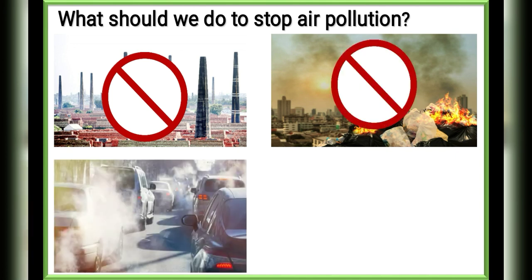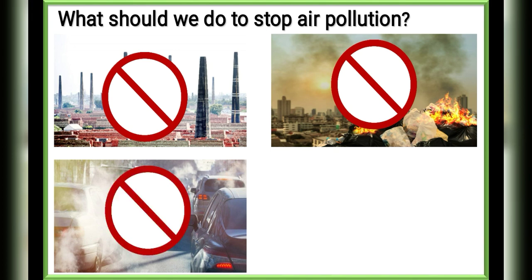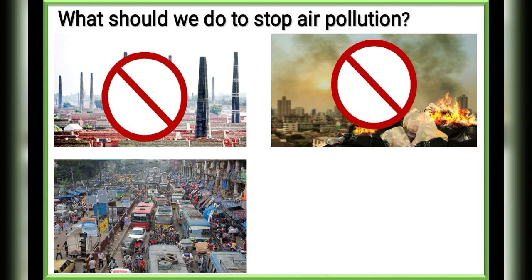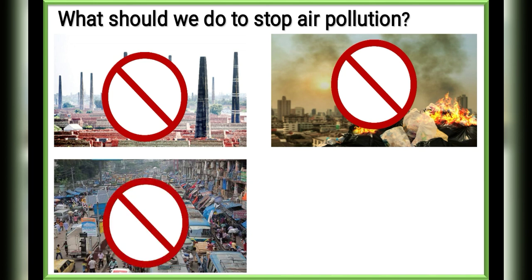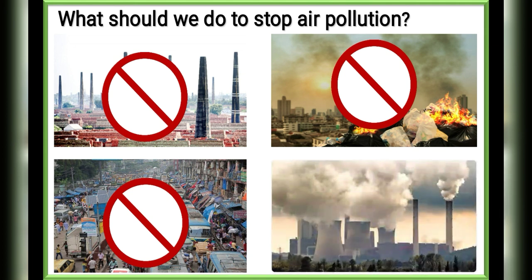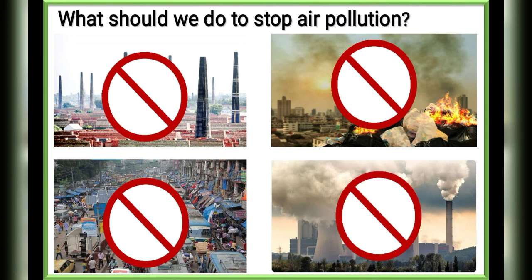Then emitting vehicles should be stopped, and poorly serviced or old buses or cars should be stopped or banned. And finally, industrial plants should be set up far from localities, or they should use filters properly, so that this type of emission should be stopped.